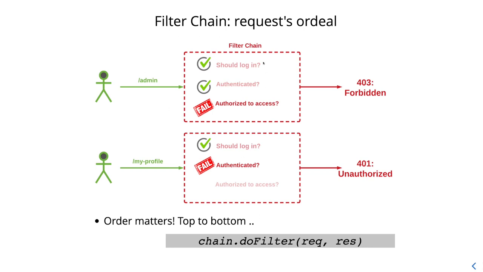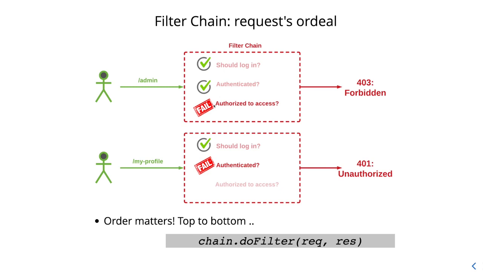In this first scenario, the user is trying to access a resource that's only accessible to an application admin. And as you can see, the user is logged in, and the login is valid, but his user role does not grant him admin privileges.